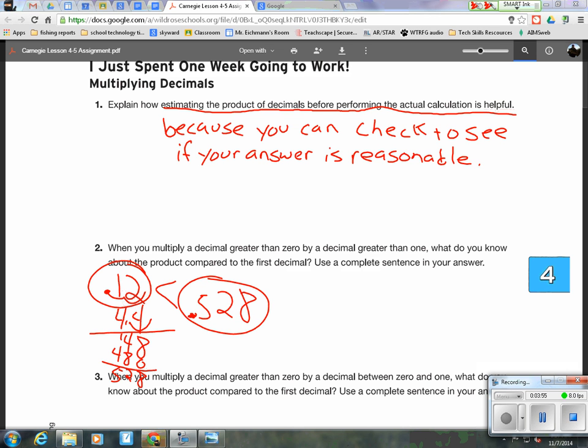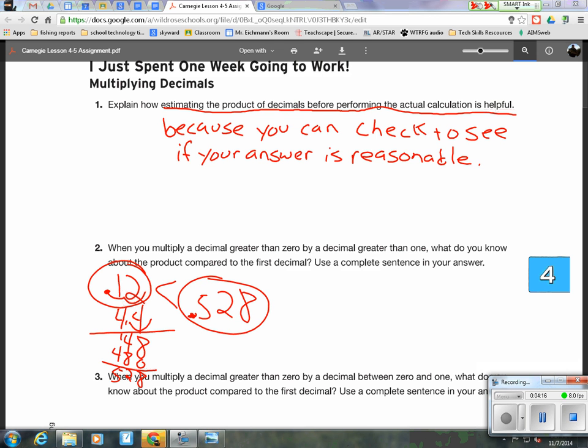This one is bigger, isn't it? The product is larger compared to the first decimal. Do you see that? Does everyone agree with that statement?